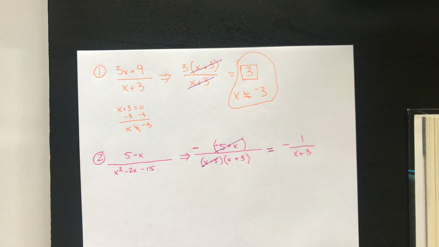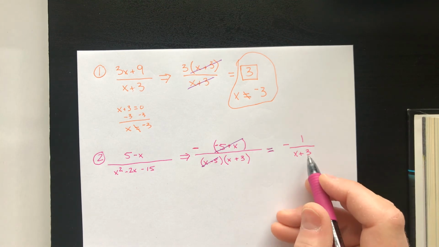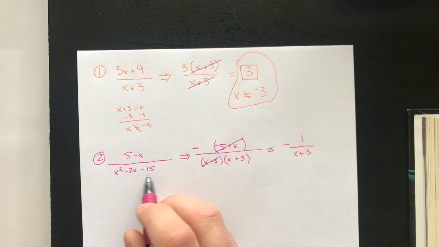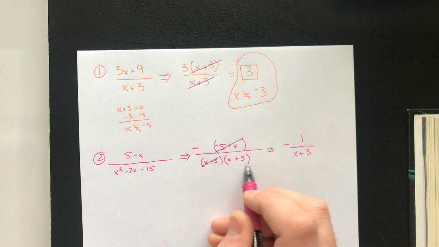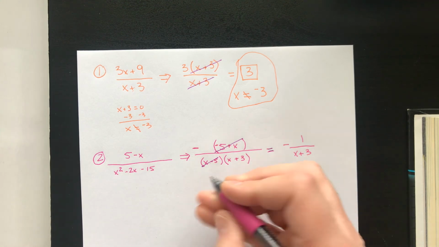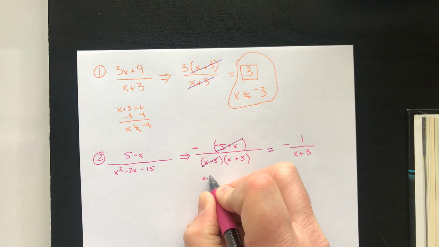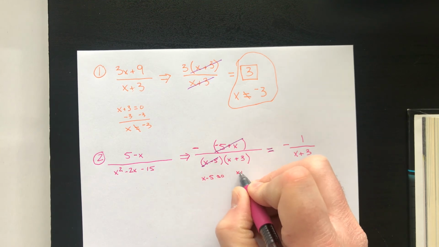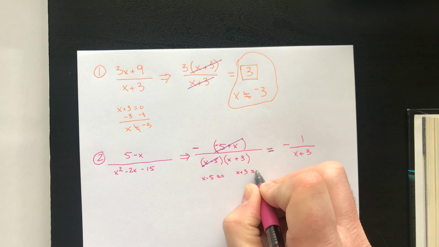And then what are my excluded values? I come back to my original problem, after I factor it. X minus 5 cannot be 0, and x plus 3 cannot be 0.